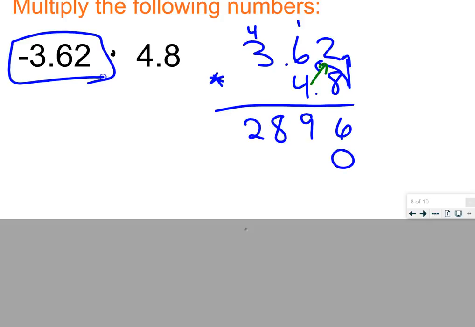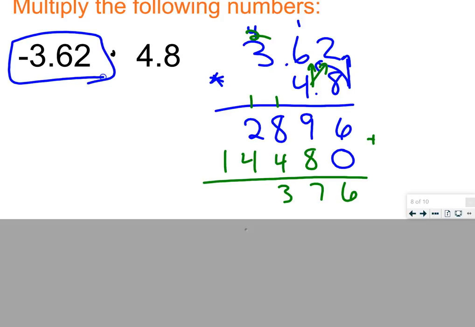4 times 2 is 8, 4 times 6 is 24, and 4 times 3 is 12, plus the 2 is 14. Add this together, you have 6, 17, 13, 7, and 1.